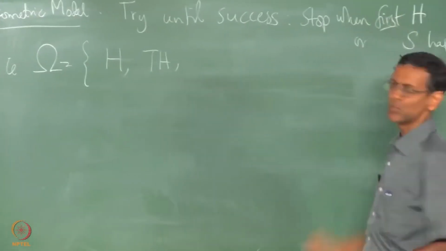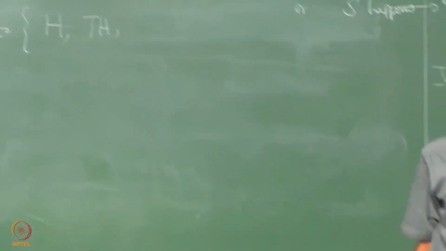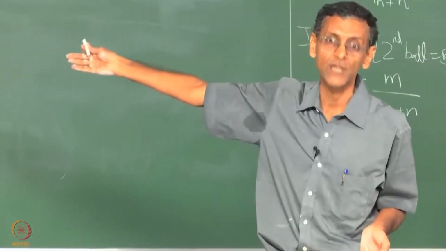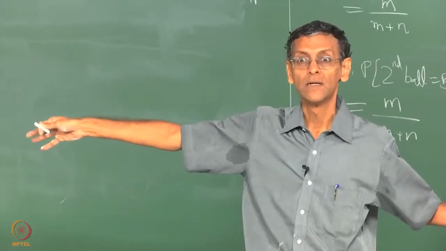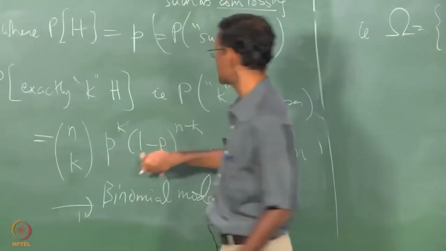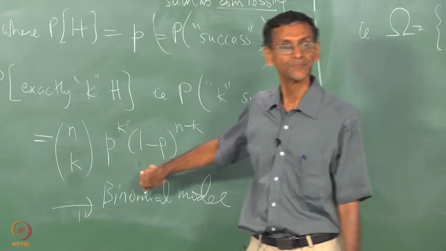There is no reason why you should not stop when the first h happens. Of course, in the binomial case you are not stopping; you are going all the way till n, and you are stopping at the nth trial no matter what. It is possible that you may not get even a single success in n trials there.